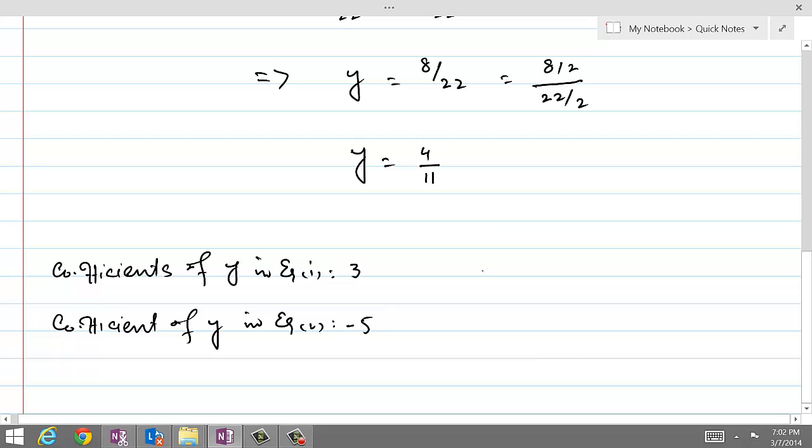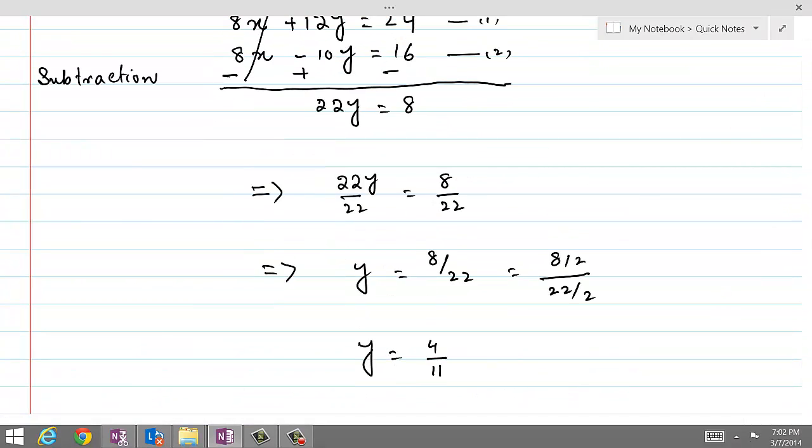Let's write down the equations here. The first equation is 2x plus 3y equal to 6, and the second equation is similarly 4x minus 5y equal to 8.